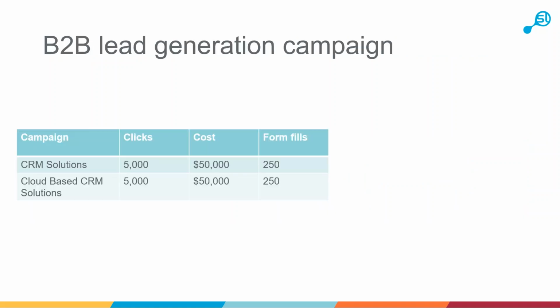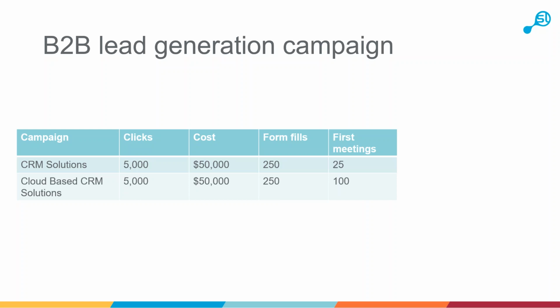What this means, to give it a bit more context, is there's a couple of examples of campaigns here, CRM solutions. As a marketer, you would value those two campaigns and the activity exactly the same. There's no difference in performance.